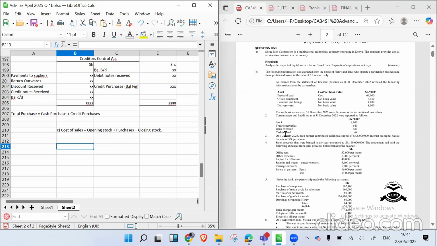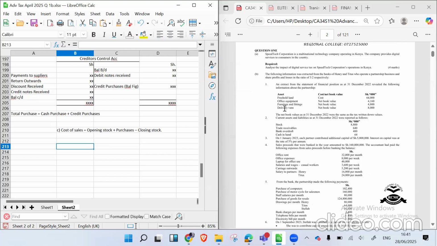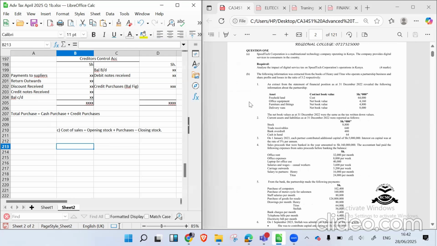Now, part B is our concern. The following information was extracted from the books of Henry and Titus, who operate a partnership business and share profits and losses in the ratio of 3:2 respectively. So this is a partnership.